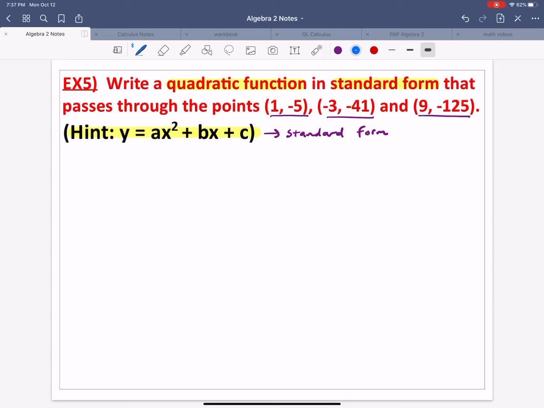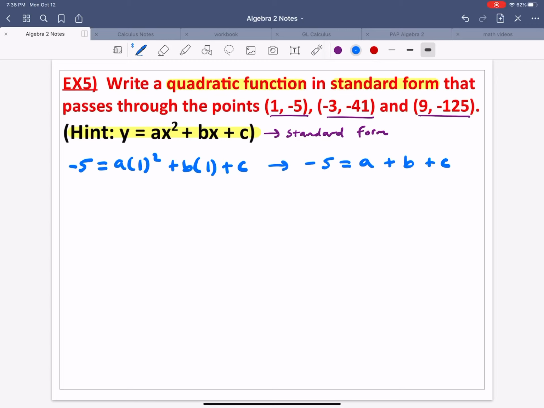So I know that y is -5 when we plug a 1 in for x. So that's a times 1 squared plus b times 1 plus c. Well, if I clean that up a little bit, I get -5 equals 1 squared is 1, 1 times a is a, plus b, plus c. There's one of my equations.